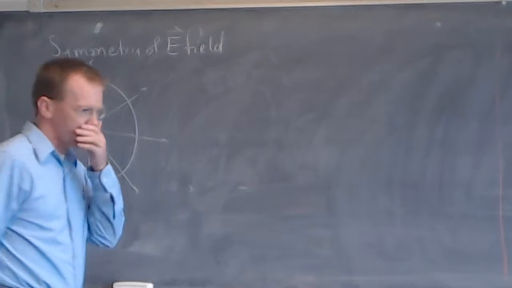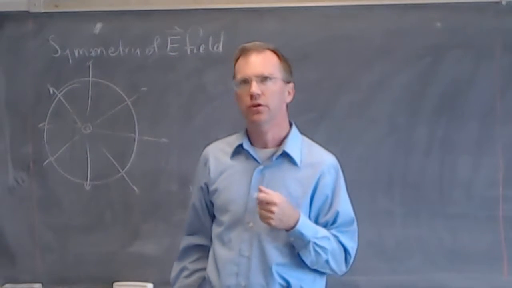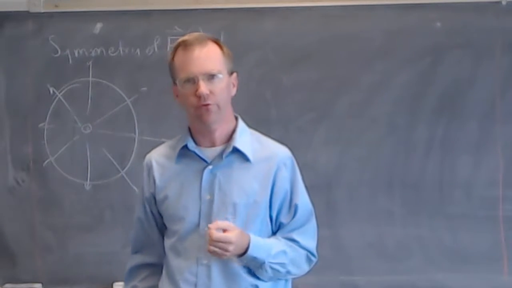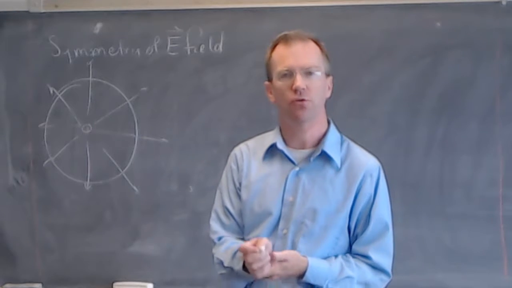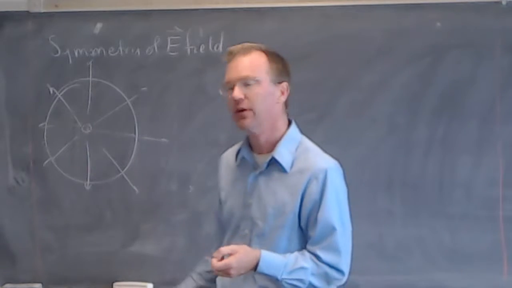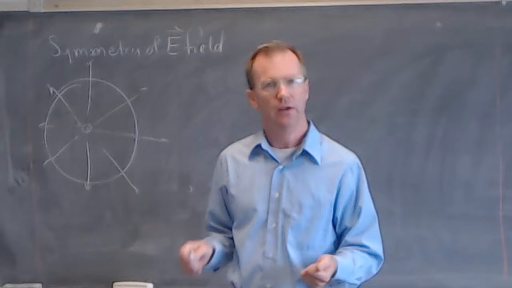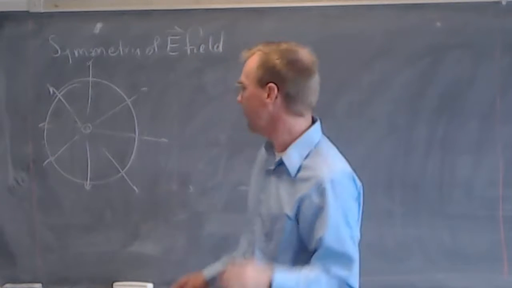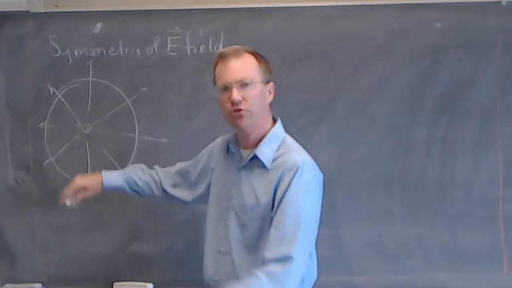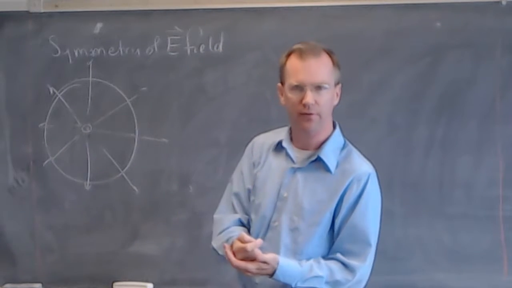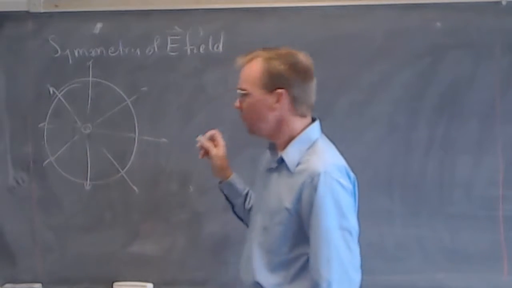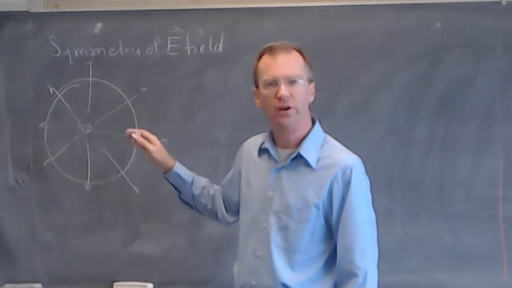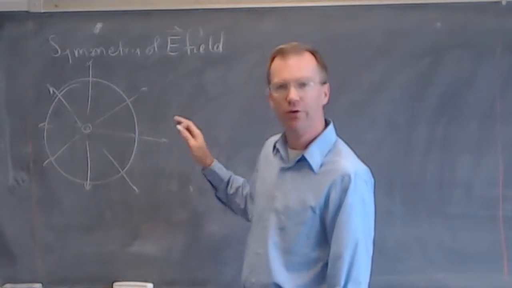By looking at the symmetry, we could apply some of the rules that I told you about electric field lines, especially the fact that they can't cross. If we apply symmetry and the fact that the lines can't cross and that they are emitted from positive charges and they land on negative charges, we could draw the electric field shape qualitatively from knowing those facts.